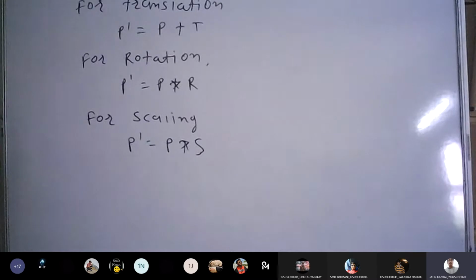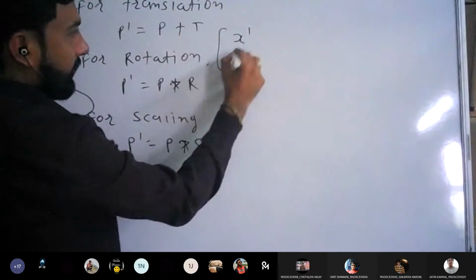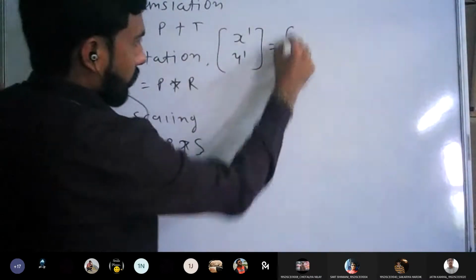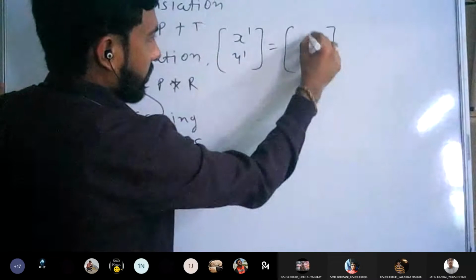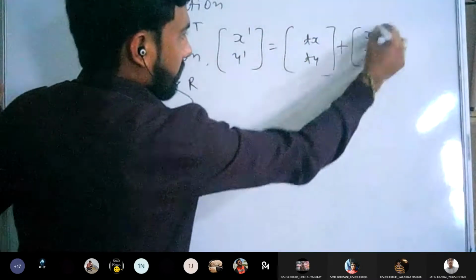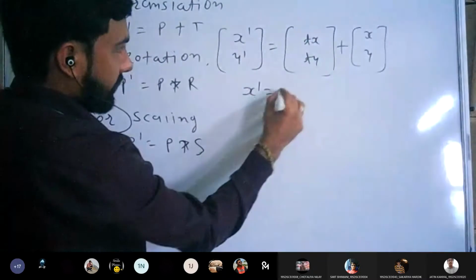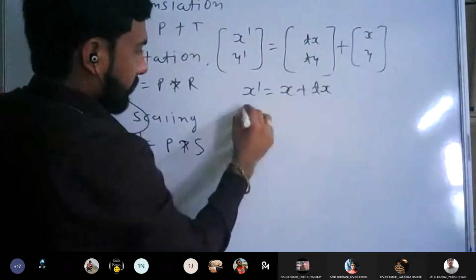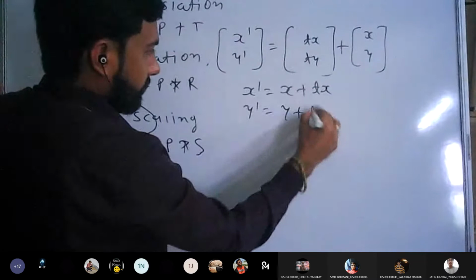So now we will try to convert all the equations into the same form, and for that you will have to convert your 2 by 2 matrices into 3 by 3. Then and only then you can do it. For example, if I write the matrix here, which is 2 by 2 as of now, [x dash, y dash] equal to [tx, ty] plus [x, y], and my equations were x dash is equal to x plus tx, y dash is equal to y plus ty.